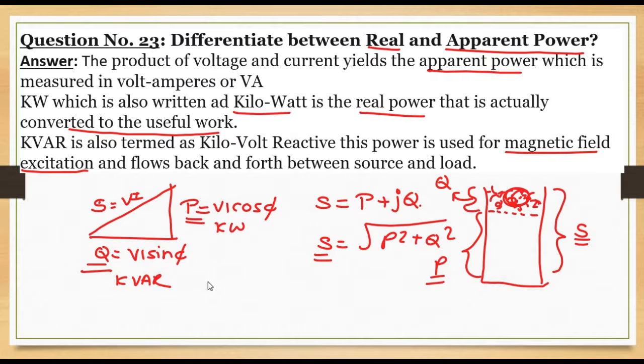Or consider another example of a fan. In a fan, it consumes both active and reactive power. The reactive power is used for the magnetic excitation, and real power is consumed by the fan to convert into mechanical motion.